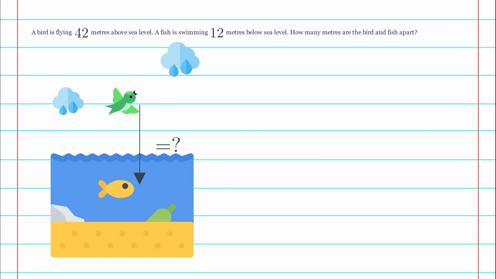Now we can say that the bird's height is 42 meters above sea level, which is positive 42 meters, and the fish's height is 12 meters below the sea level, which is negative 12 meters. So the final equation we have is 42 minus negative 12.